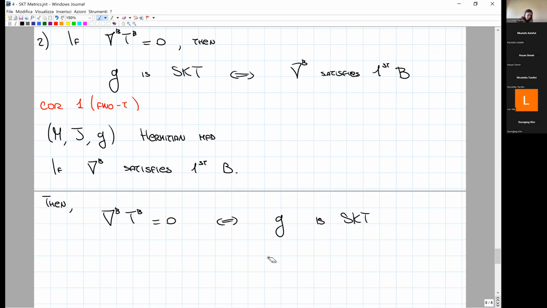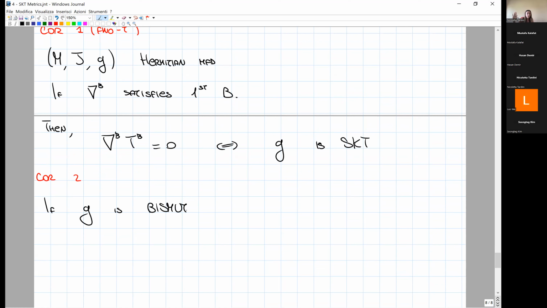So in particular, of course, as a second corollary, if G is Bismut-Kähler-like, in the same hypothesis, we have a Hermitian manifold. In particular, it does satisfy the first Bianchi identity, which is one of the two conditions of the definition of Bismut-Kähler-like.